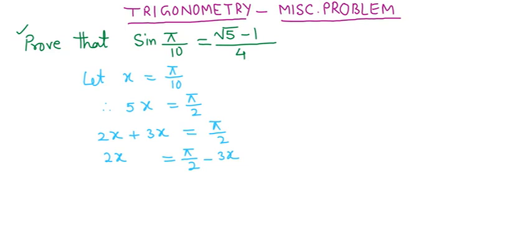Now see, we have to find the value of sine pi by 10. So this step may be written as: sine 2x is equal to sine of pi by 2 minus 3x.